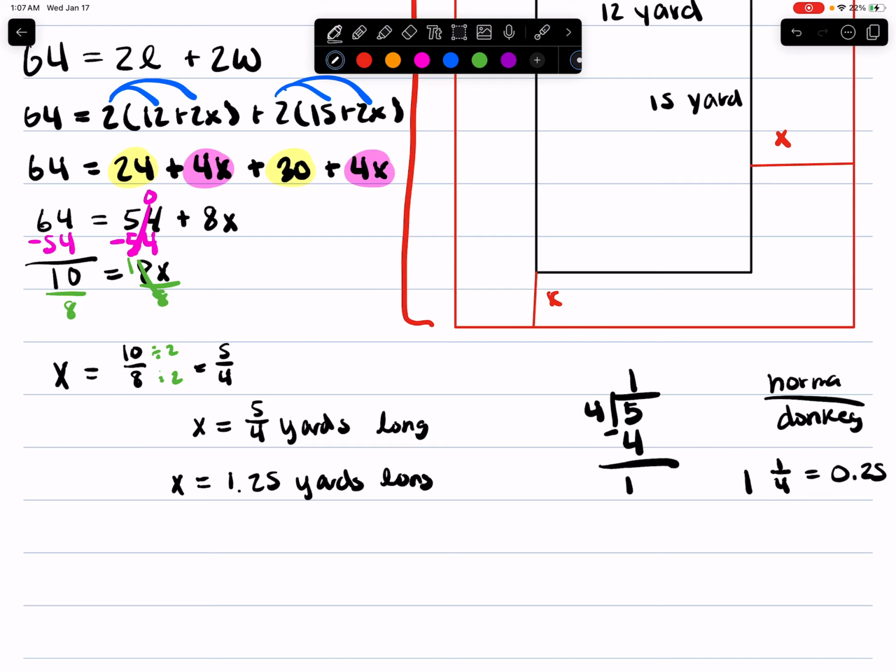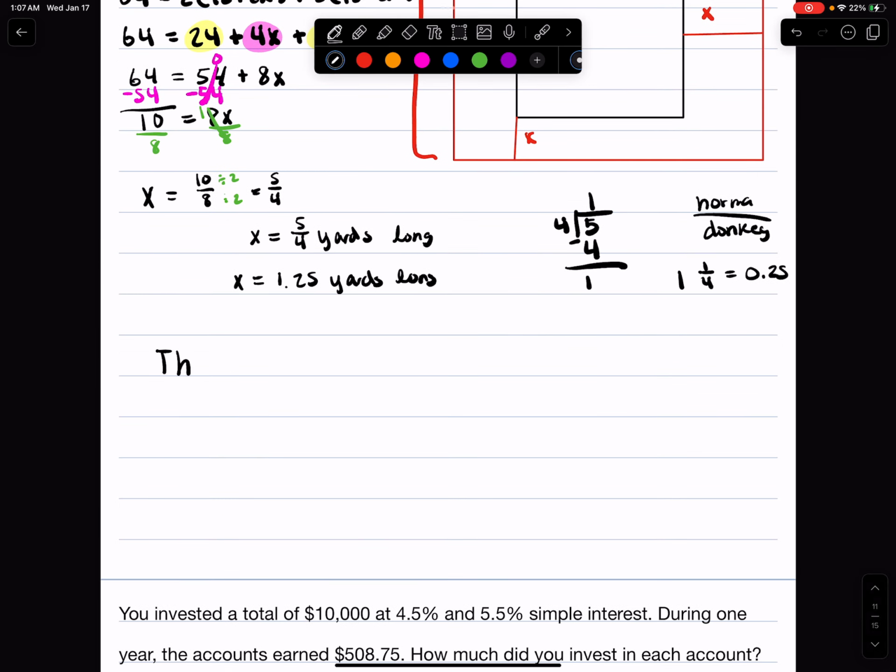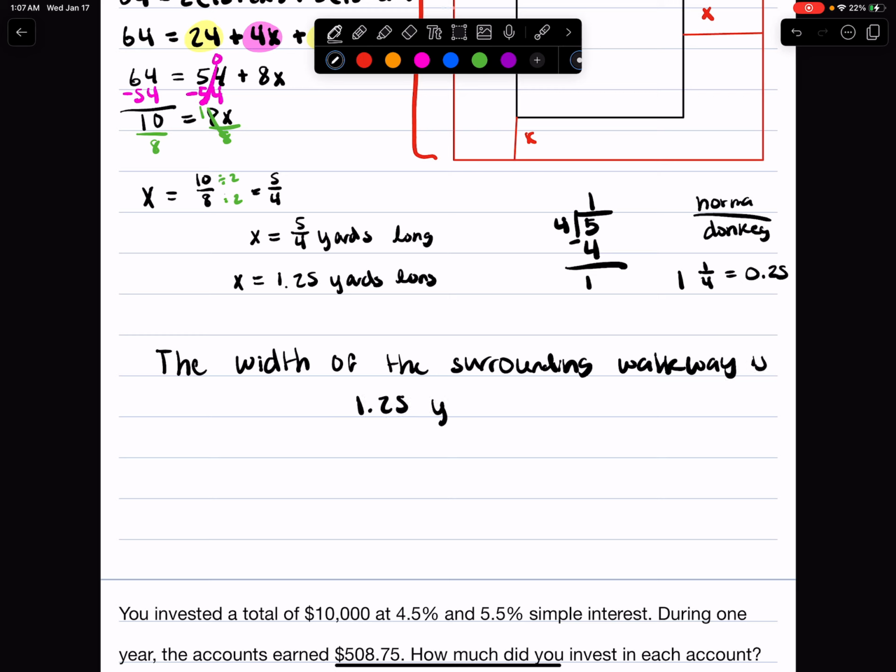And so what is the answer to our question? The width of the surrounding walkway is 1.25 yards. And that is all we needed.